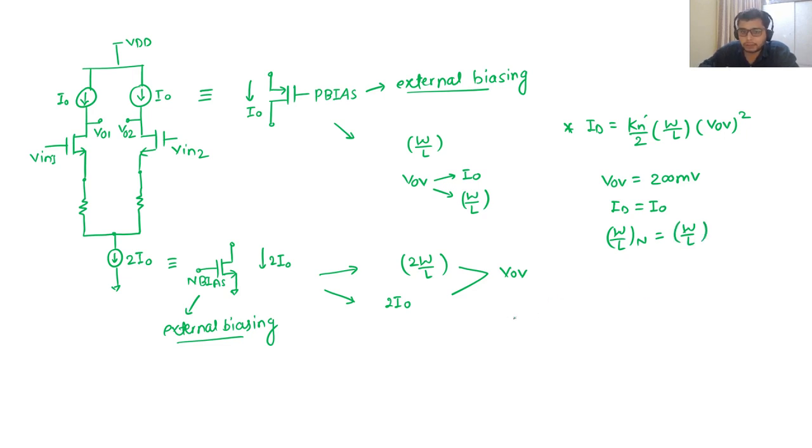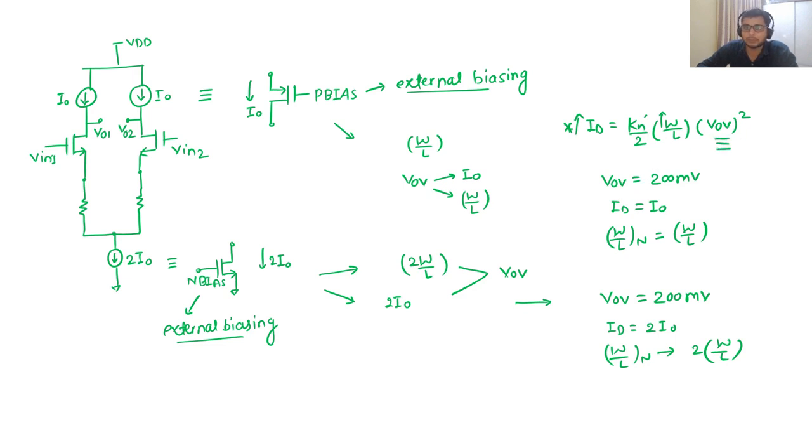Now, for the transistor across which the current is 2I0, if I want to keep the same overdrive of 200 millivolts, then ID is 2I0, and to keep this intact I change this to 2 times W/L. From this relation we can easily understand that if I increase the current and at the same time increase my W by the same factor, then there is no need to change the overdrive.